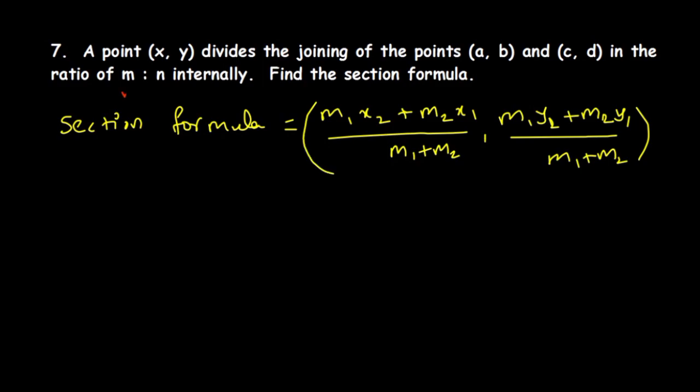Here this is m1 and this is m2, so this is (x1, y1) and this is (x2, y2).